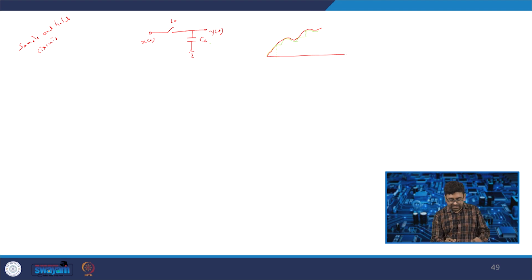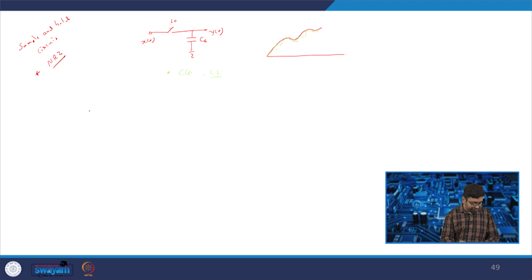So, this capacitor is holding the amplitude, and that is why there is a possibility that you might get a little bit of conversion gain instead of conversion loss in this kind of mixer. This kind of mixer is also known as a non return to 0 mixer, as I told.